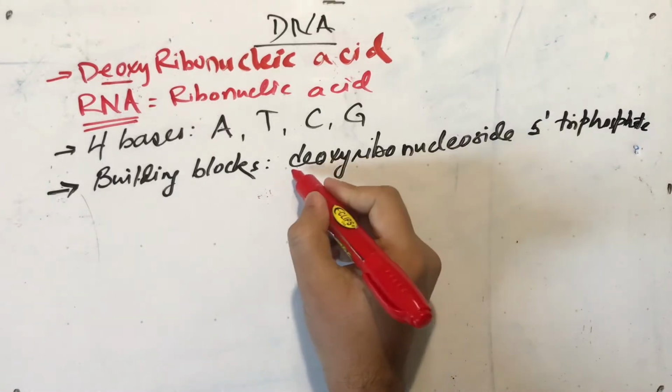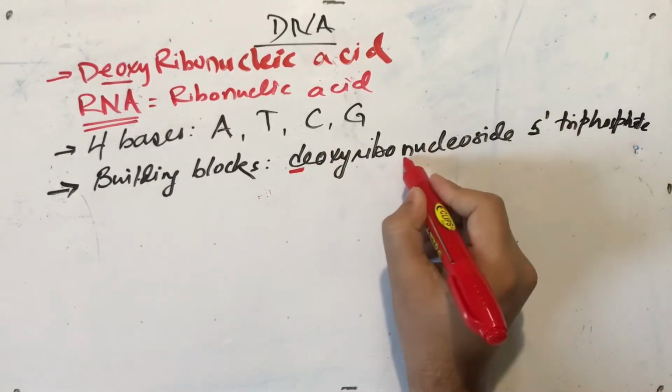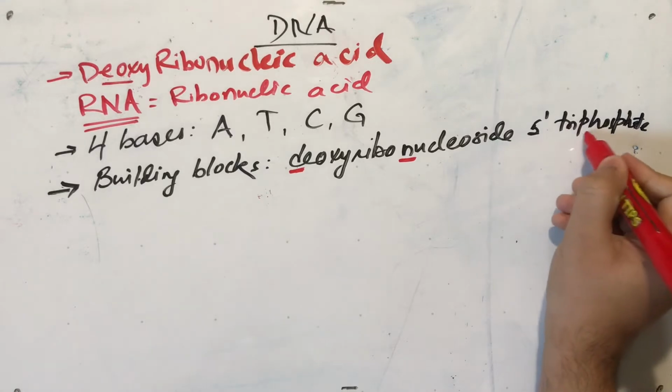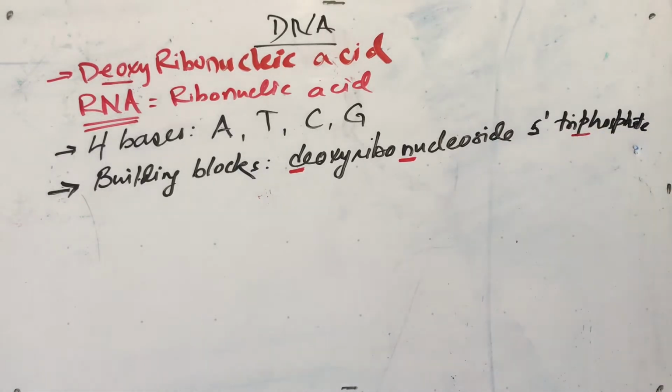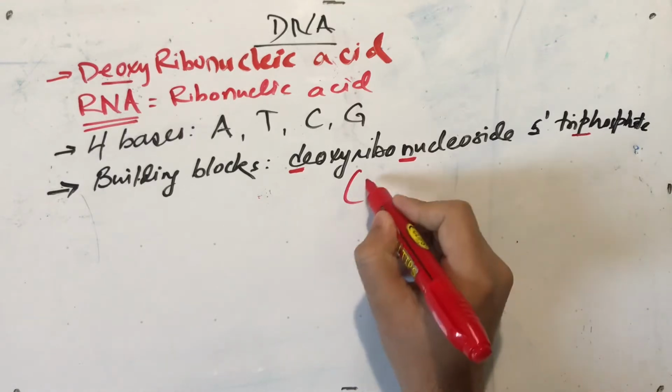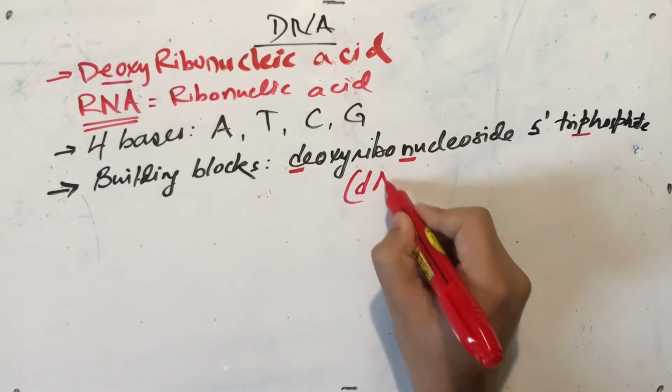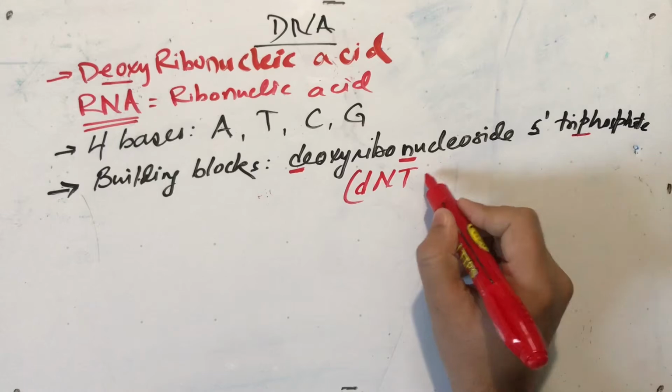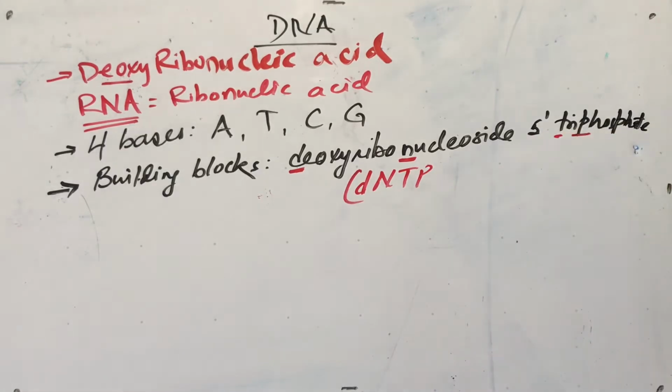So we have this D part right here, we have this N part right here, and we have this P part right here. And if you write that in short form, D, N, T, P, actually T also, triphosphate.